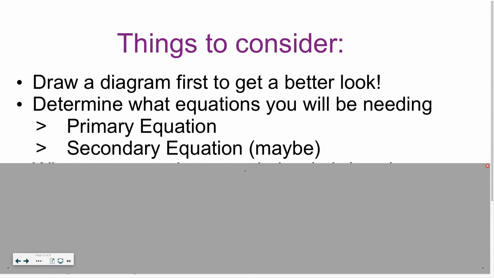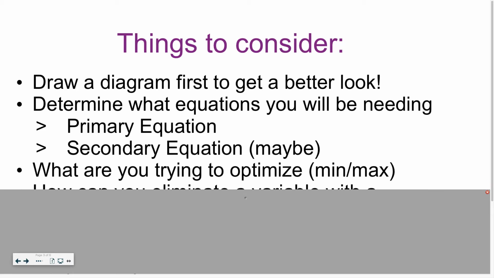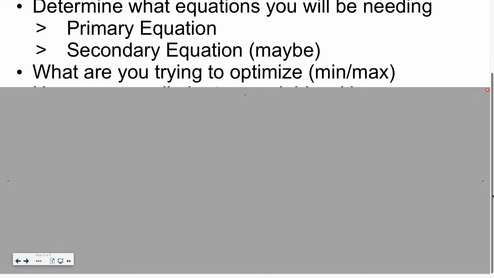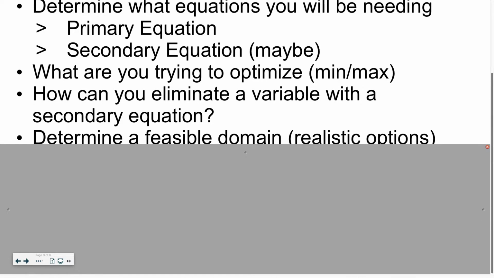It's always just been x. So if there are potentially two variables in your primary equation, you need a secondary equation so we can make some substitutions and only be left with one variable. From there, what are you trying to optimize? That is what your primary equation needs to deal with.